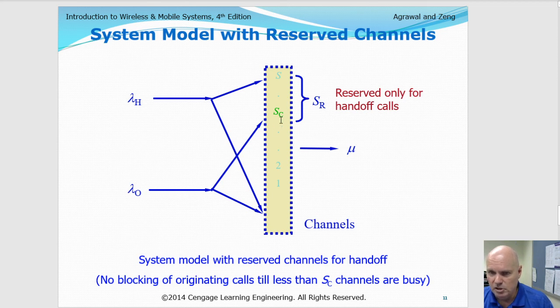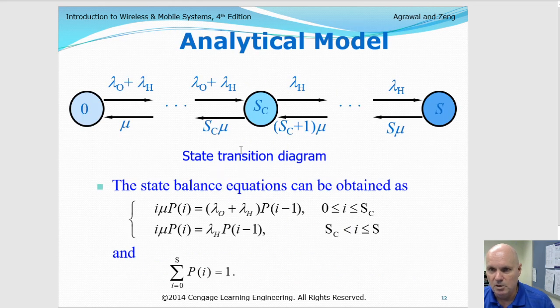Originating calls can just use SC out of our S channels. SR is equal to S minus SC, and those SR channels will be exclusively for handoffs. Not only for handoffs, other channels can also be used for handoffs, but those SR channels will not be used by originating calls.